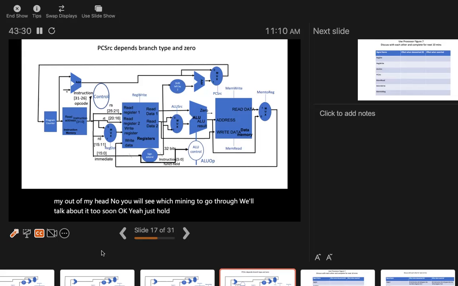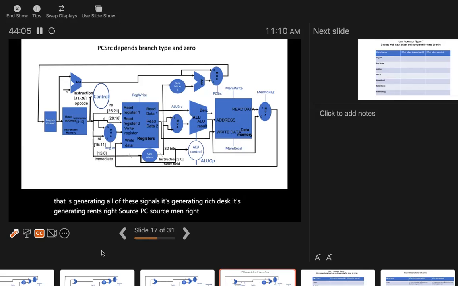All right, jazz hands again. Now let me ask you this question. Are we good with these control signals? It will get better, because there are some more exercises for you to solidify these concepts. Please note that this control bubble you see here is the brain, generating all of these signals: RegDst, RegWrite, ALUSrc, ALUOp, PCSrc, MemWrite, MemToReg.